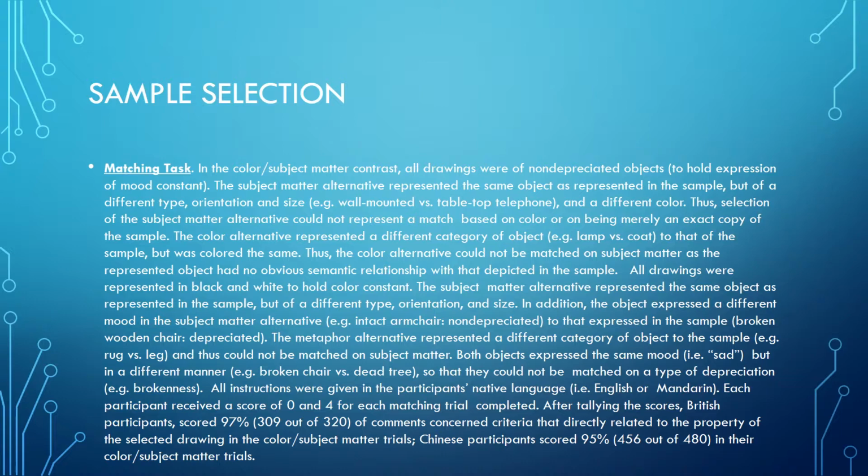For example, a wall-mounted telephone versus a tabletop telephone. In color, they just had to identify the color of the different objects. For example, lamp versus coat. In the mood metaphor, they had to express the mood of the particular object. For example, a broken chair versus a dead tree, whether it's happy or sad.